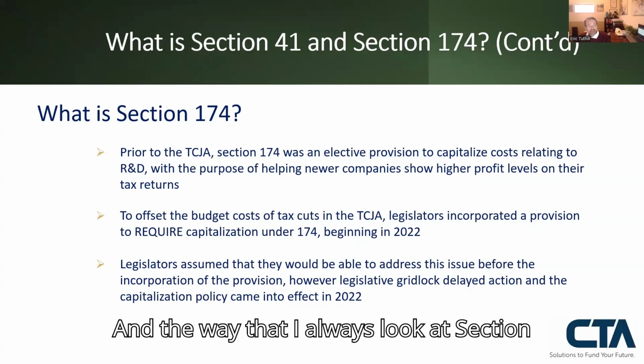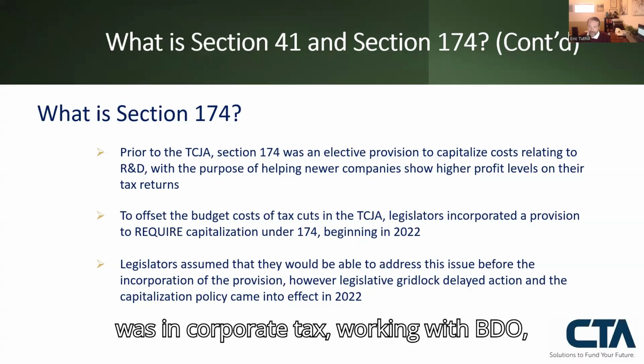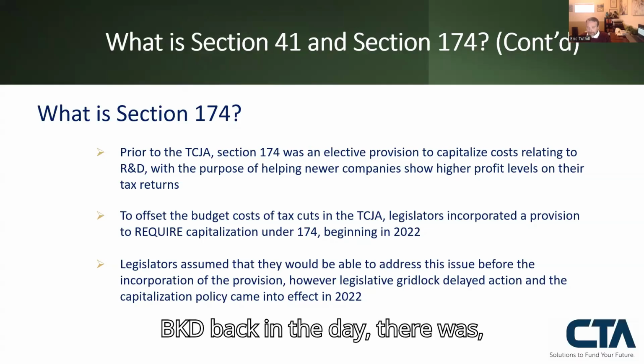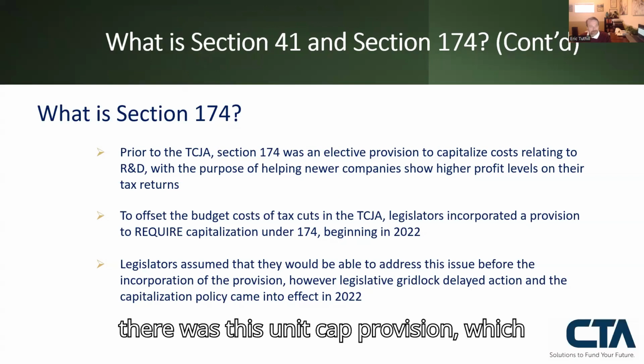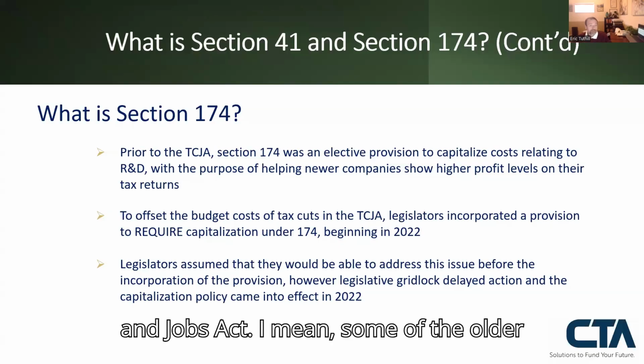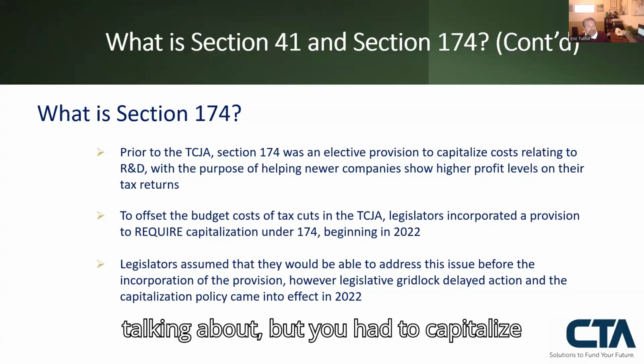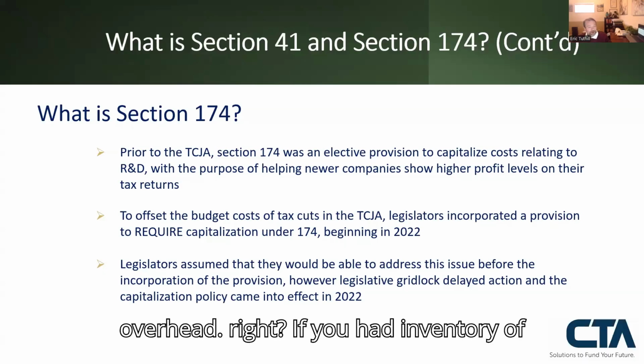And the way that I always look at Section 174, especially when I was in corporate tax, working with BDO, BKD back in the day, there was this UNICAP provision, which was eliminated with the Tax Cuts and Jobs Act. Some of the older folks will remember what I'm talking about, but you had to capitalize overhead, right?